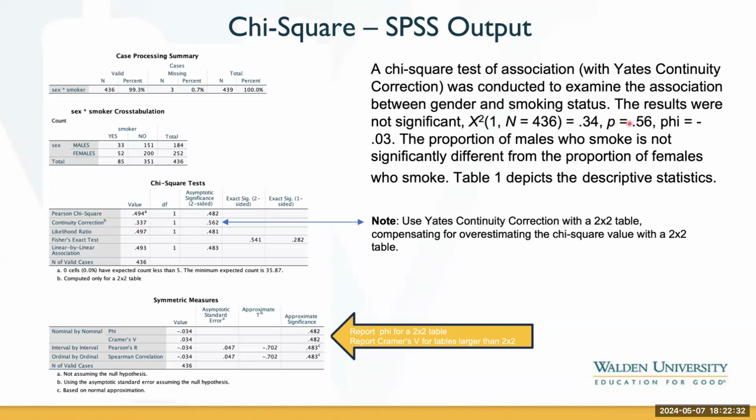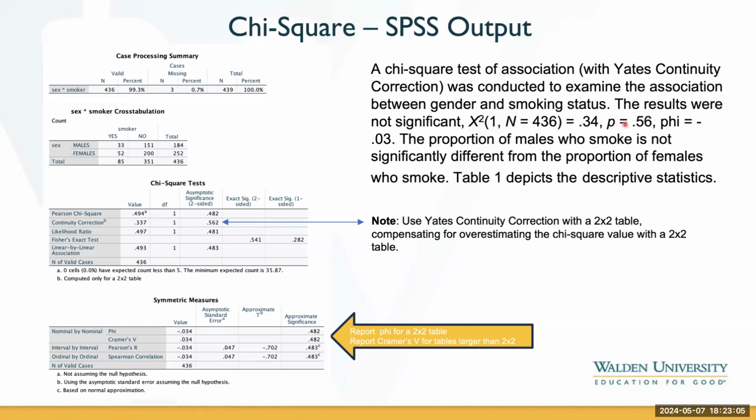The p is 0.56, the sig value. You see here, 0.56. I just rounded that to 2 places. Not significant. And then I recorded the effect size, the phi value, 0.03, and I got that right here. Does everybody see how we're transferring that? But note, you're doing the same thing in any good reporting of statistical results: you're going to report those effect sizes in addition to the p-value.